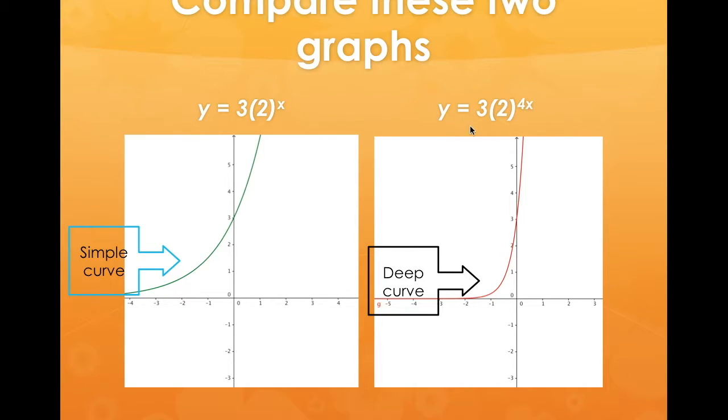This one, however, we add a 4 in front of the x. So our x is being multiplied by 4. That's why all of a sudden it shoots up, because our x is getting 4 times the size. So it's going 4 times faster than if our x was just simply 1.